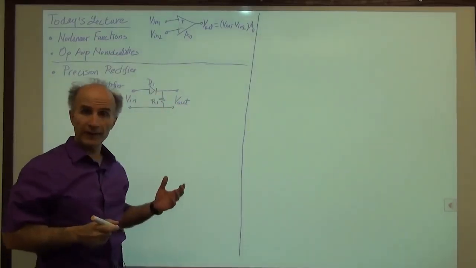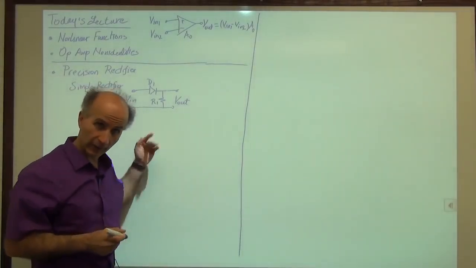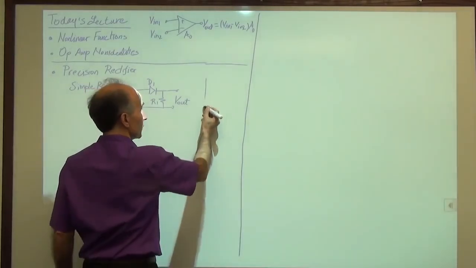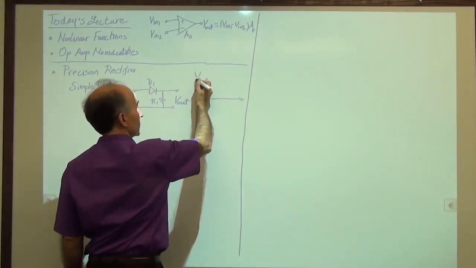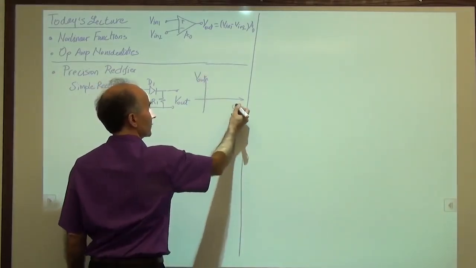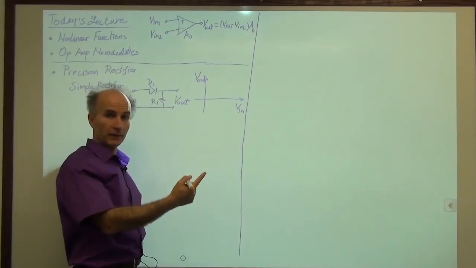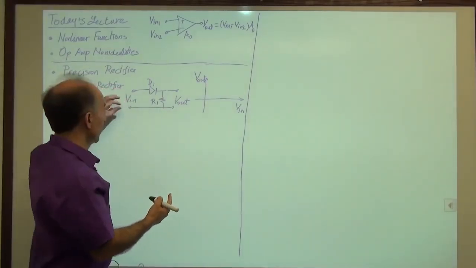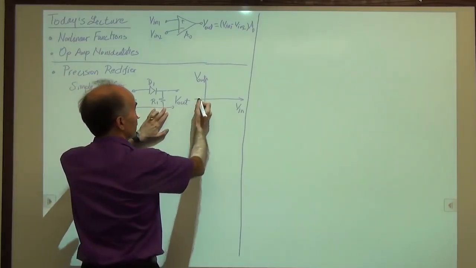And we saw that, for example, if you plot the input-output characteristic of this circuit, this is what we see with a realistic diode, or somewhat realistic diode. So V out as a function of V in, as V in goes from minus infinity to plus infinity. Well, if V in is negative, the diode is off, the output is 0, so nothing here.